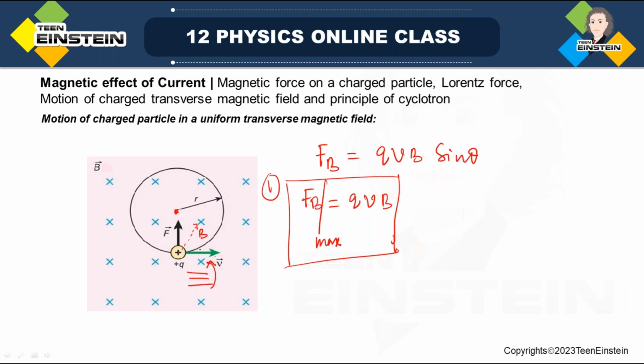At each point, this force is always tangential to this and in the plane itself.